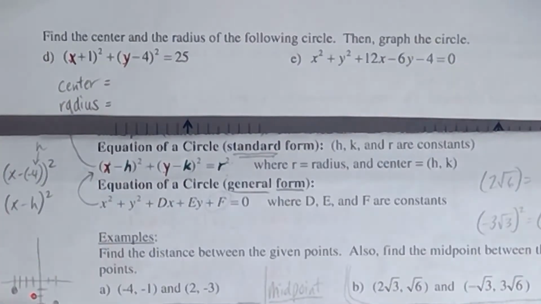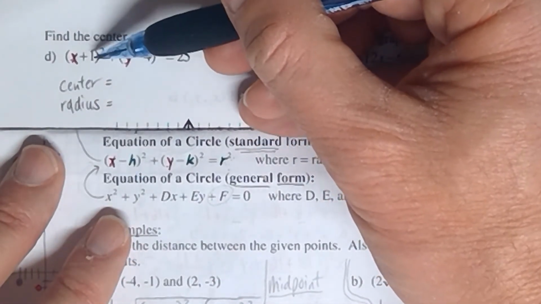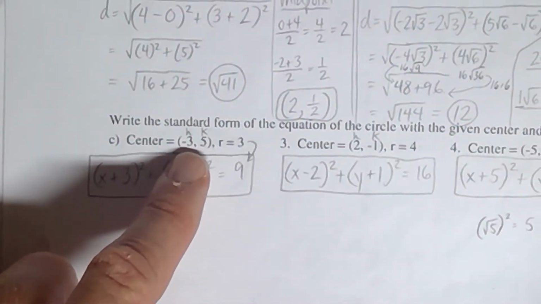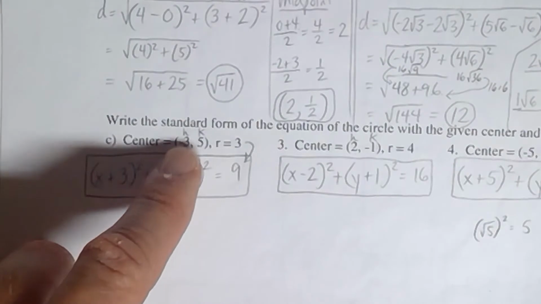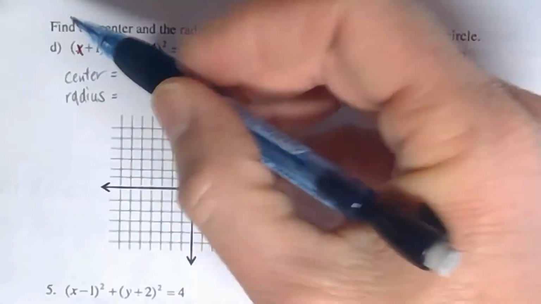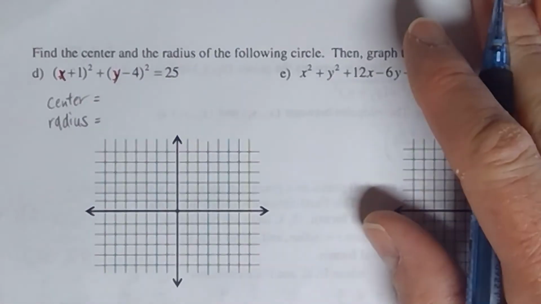Now remember, I said that when you go from the center to the equation, back when we did those problems on the front side here, it changes signs. The h and the k change sign. It's the same thing going backwards now. If you go from the equation back to figuring out what the center is, again, it changes signs.